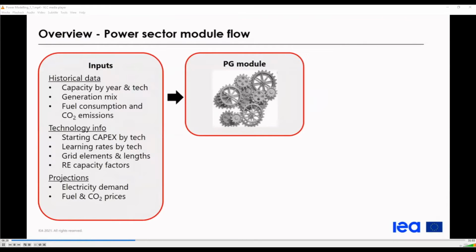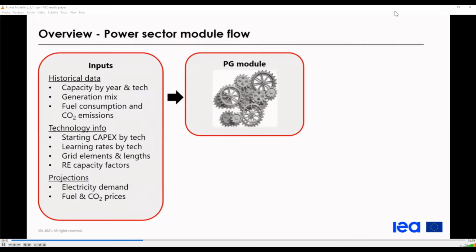We need information on the generation mix and the fuel consumption. On top of that, each technology has different features. The cost, the capex of each technology, will be quite important to drive our module. We have also learning rates, which will make this cost evolve over time as we have learning by doing. We need some grid elements, such as the length of the line, and also capacity factors.